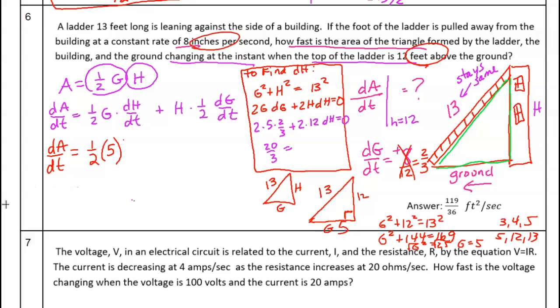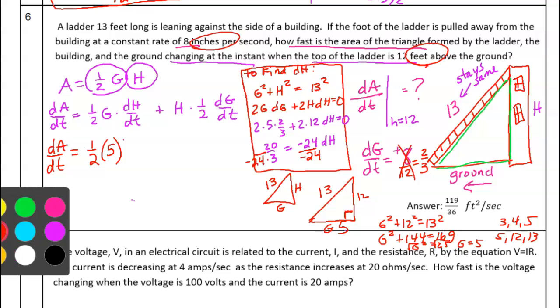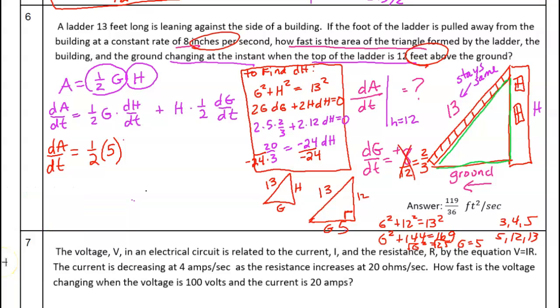I'm going to subtract that, and 24 dh. So then when you divide by -24, we already have a bar here, so that -24 just goes down in the denominator. So I'll reduce, divide by 4, I get 5 and 6, so dh is equal to -5/18.